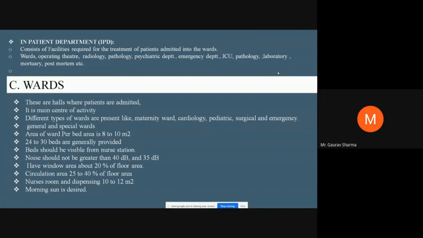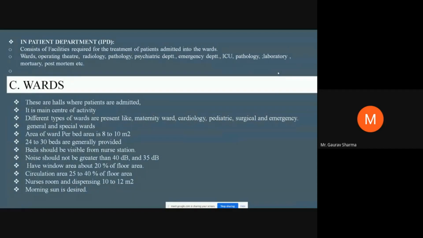That's why it is generally a more crowded area compared to any other facility within the hospital premises, and proper circulation should be maintained over these wards. There are again general and special wards, depending on the economic classes of the patients that are admitted.